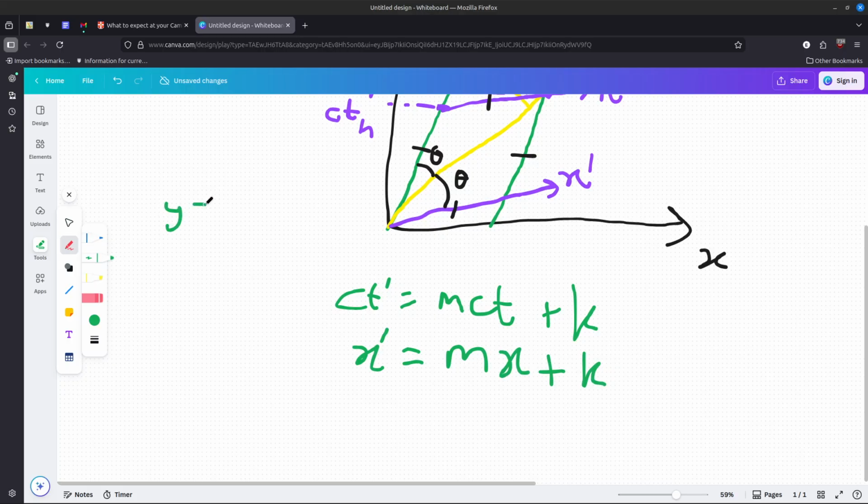Because if you think of the graphs, y equals mx plus c and x equals my plus c, not the same speed of light c, then they will have reciprocal gradients because, well, this graph has been reflected in y equals x when you do that, which is exactly what we've done here.